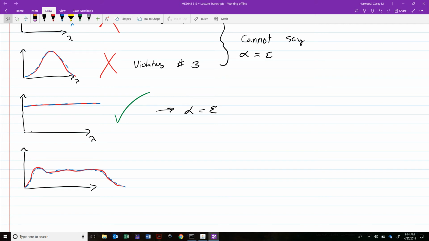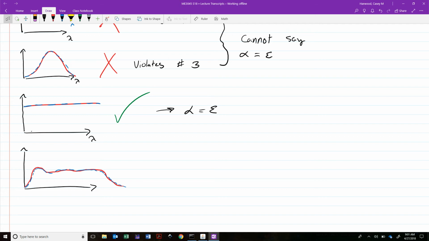Hands up for yes, hands up for no, hands up for it depends. There you go, observant. A situation like this, technically, no, it does not satisfy rules 1, 2, and 3.